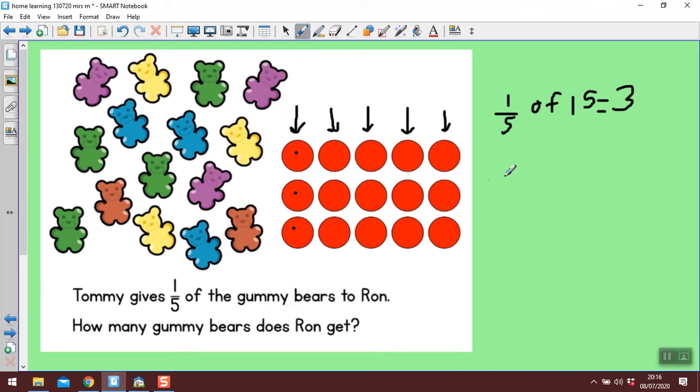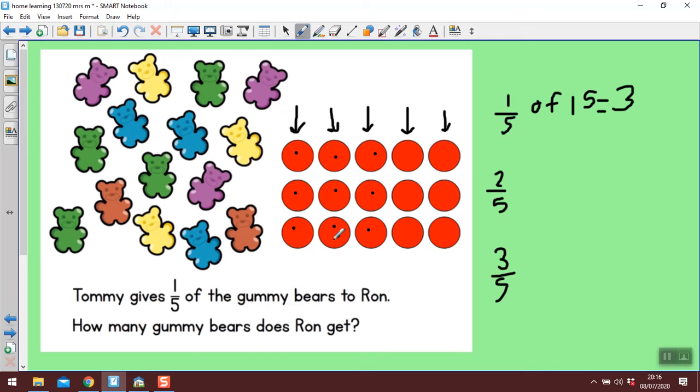What's 2/5 of 15? That means 2 out of 5 groups. This is one group, this is another group. So what's 2/5 of 15? It's 6, isn't it? What's 3/5 of 15? 3 equal groups.